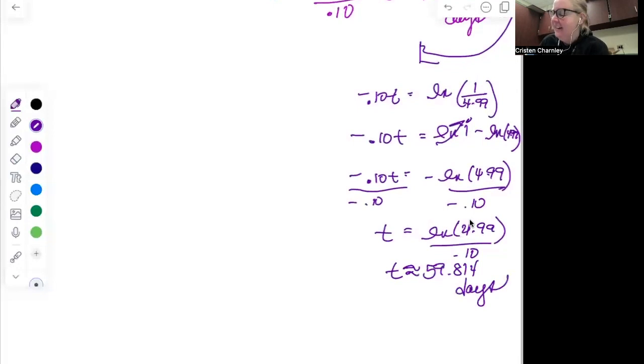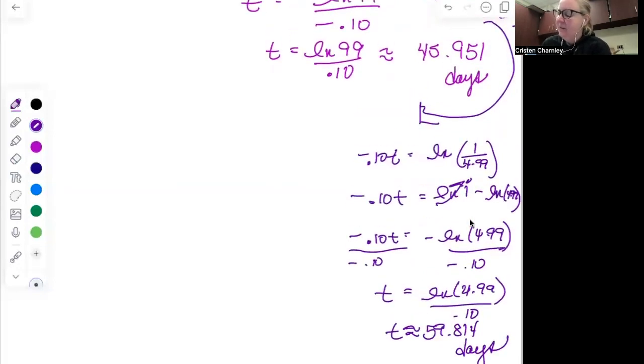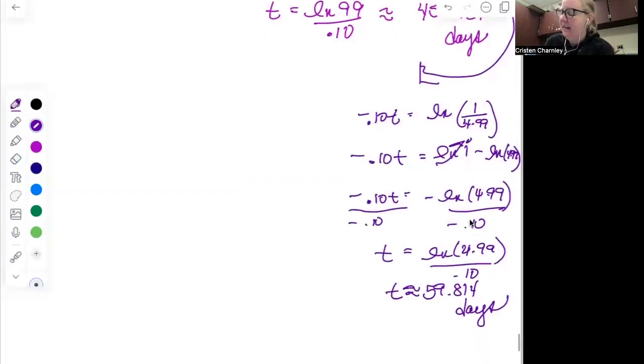So after all that crazy math, I wind up with 59.814 days, which would really be about 60 days it takes for 80% of the population to be infected.